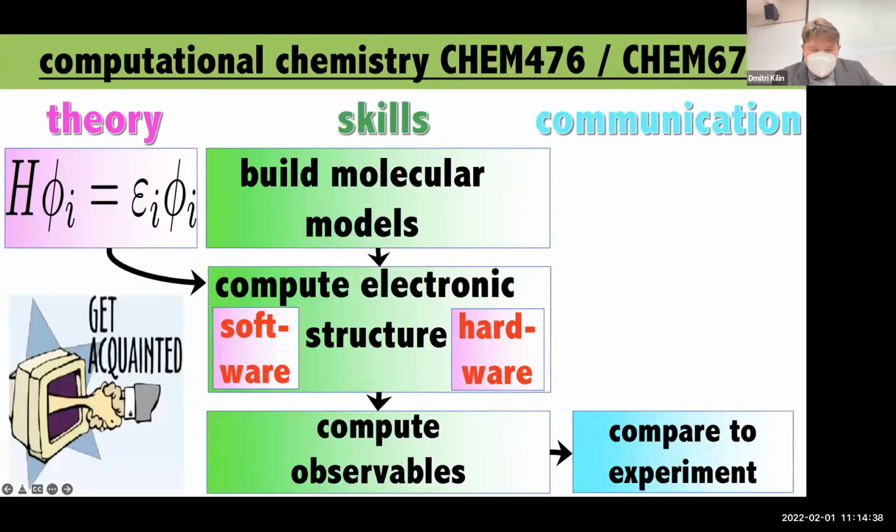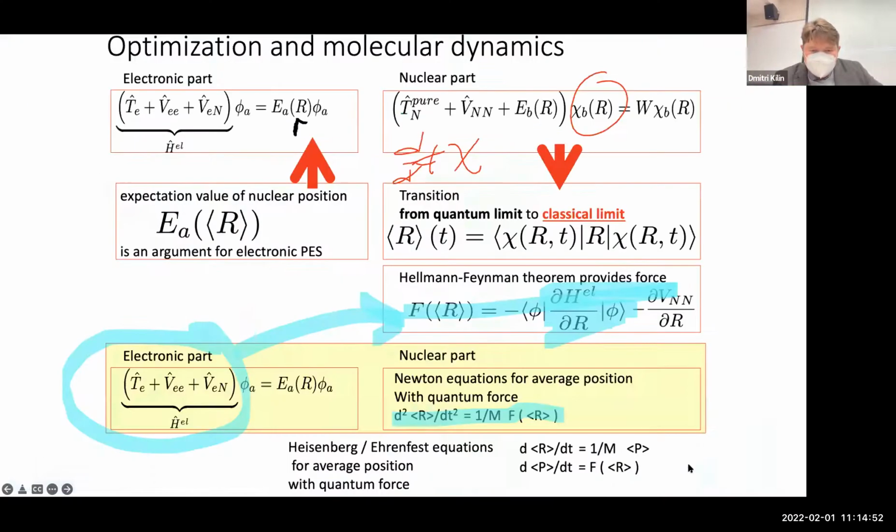We are in computational chemistry class. Our goal is to watch how the background theory and equations are implemented in software on hardware, where we take molecular models, compute their properties, and compare them with experiment. Yesterday, we did an important step compared to a week ago.